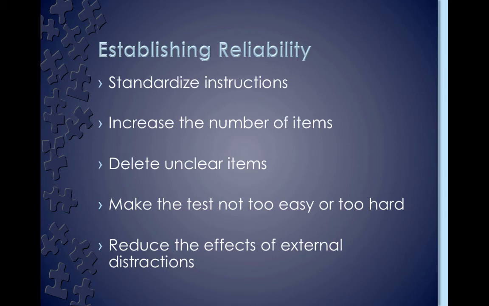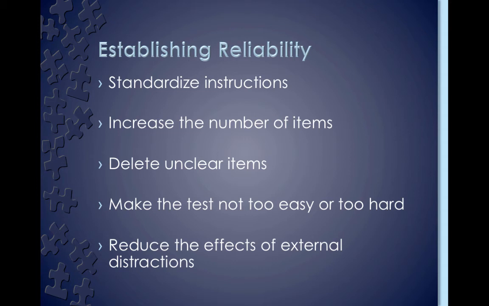If this one rogue research assistant decides to completely say it differently and give the wrong instructions, well, that's going to skew and screw up your data. So we want to make sure that you standardize your instructions so that you can establish really, really good reliability.